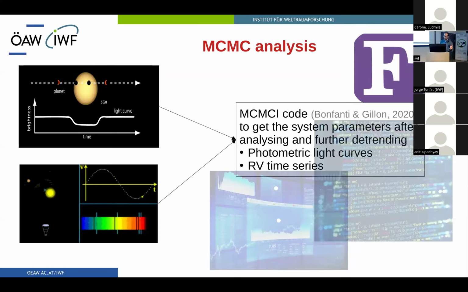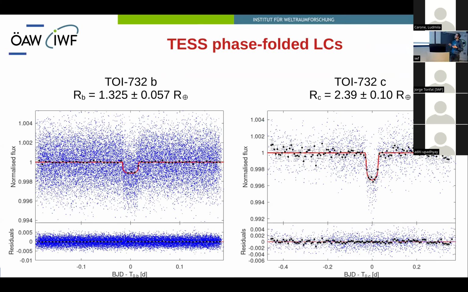And when everything is done, and it took quite a while because the amount of data was insane, you get this kind of result.